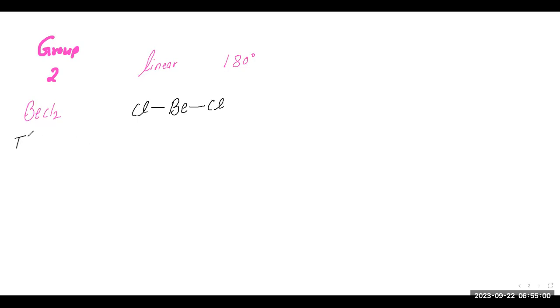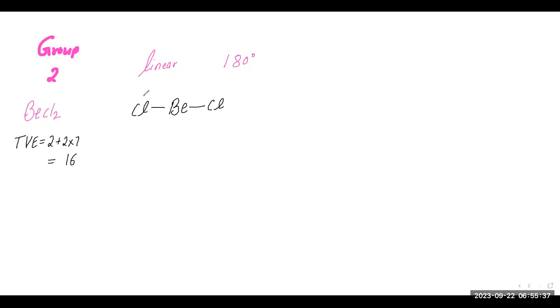Total valence electrons, 16. Complete the octet of chlorine with 3 lone pairs. Very good.